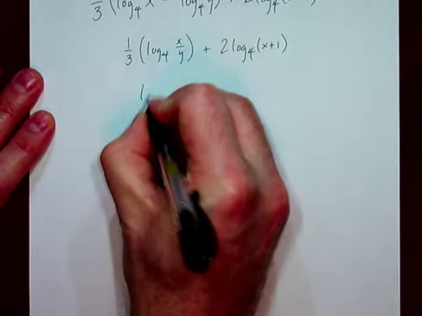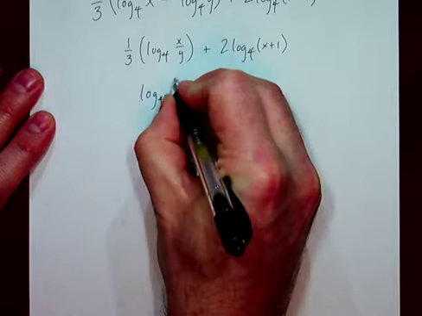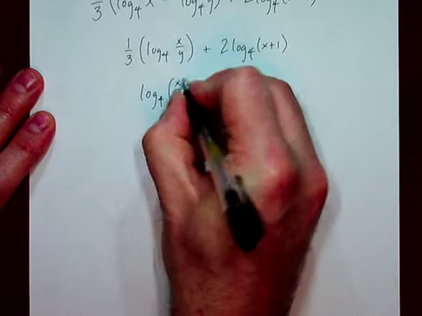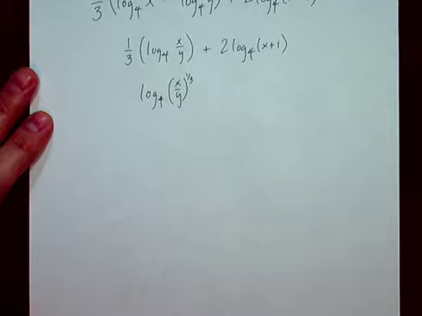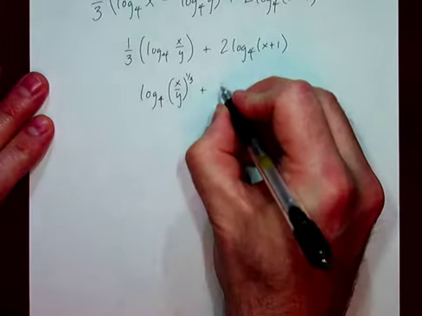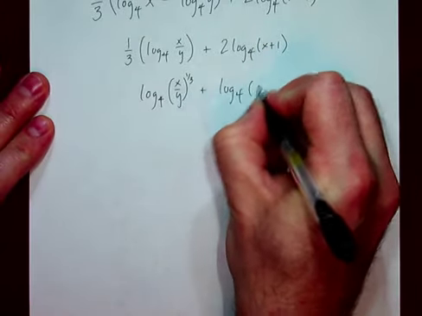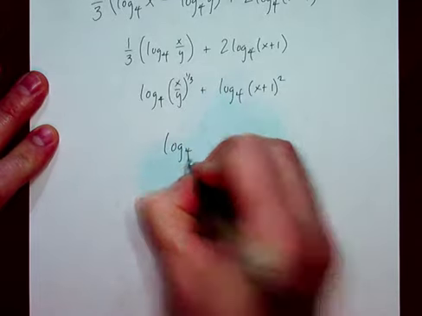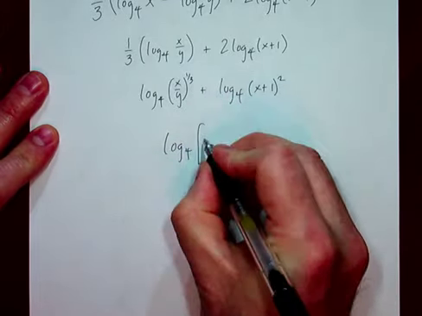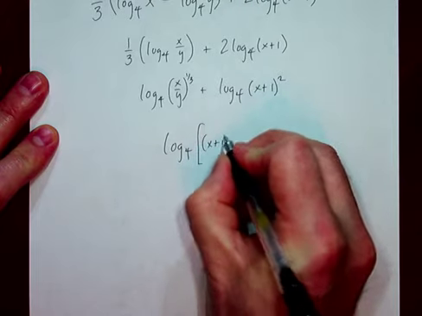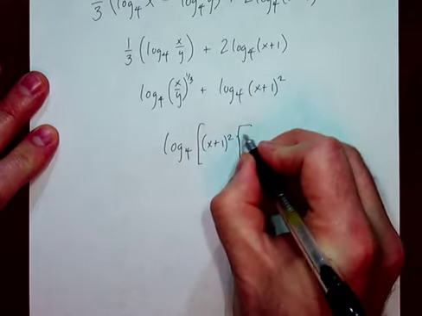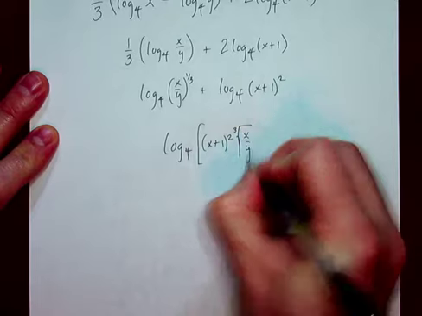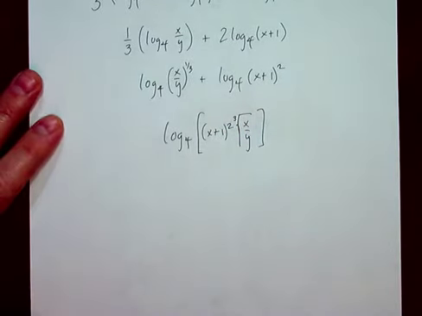And then this becomes log to the base 4 of x over y to the 1/3, or the cube root, it doesn't really matter, plus log to the base 4 of x plus 1 squared. And so you could have log to the base 4 of x plus 1 squared times the cube root of x over y, or something like that, okay?